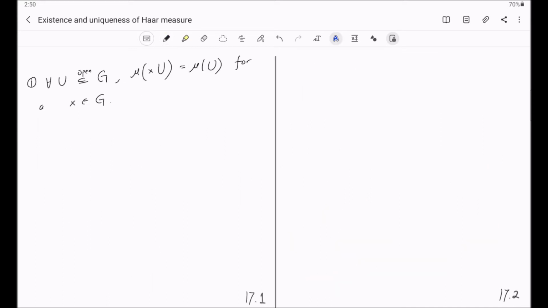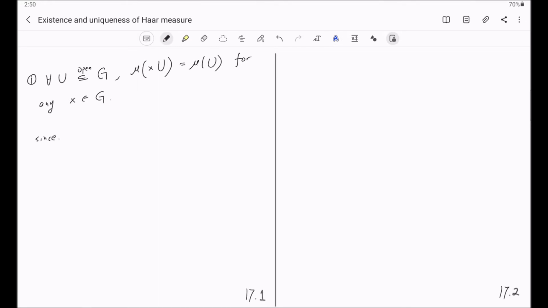The procedure of approximation is the following. Since mu is inner regular on open sets, there exists K1 contained in U such that mu of U minus K1 is less than 1.